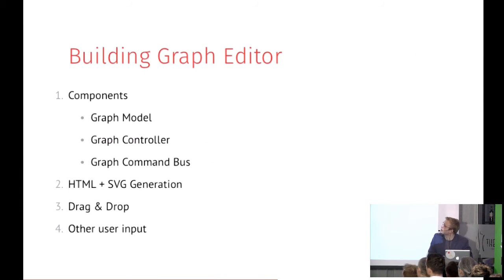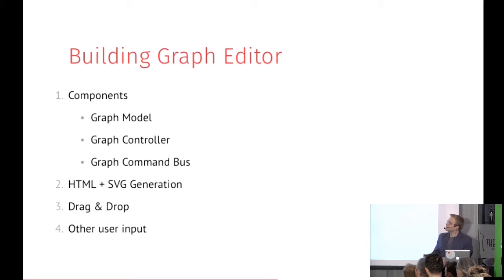Okay, so what are the main components of our graph editor? We'll definitely need to model the data of our graph. We'll have a controller that, based on a model, will generate HTML, and we'll have a command bus that will be responsible for changing the model.